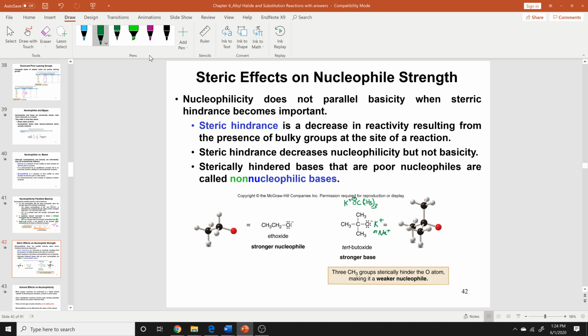Why is it a bulky base? Because all of these CH3s are basically hindering those lone pairs. They are in the way of these lone pairs being used to make a substitution product. So this is why potassium tertiary butoxide just acts as a base. It only takes a small hydrogen atom. It cannot act as a nucleophile.